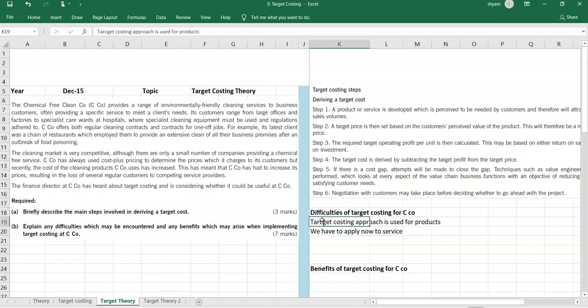So that is going to be the first difficulty here.